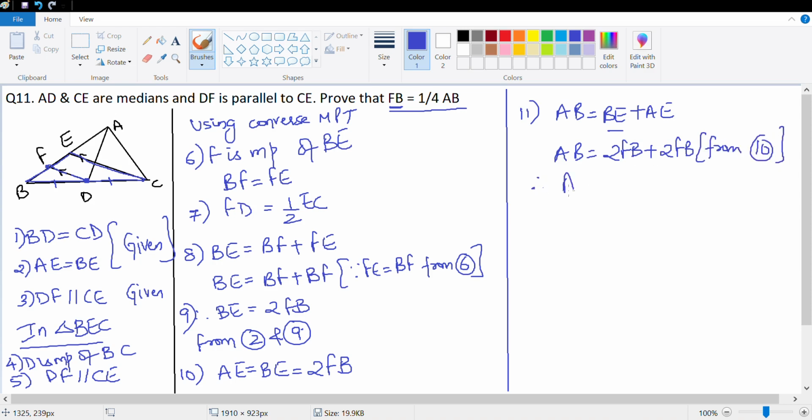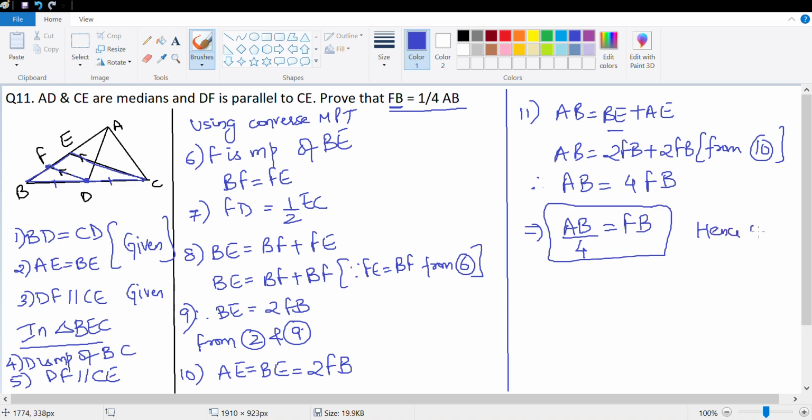Therefore, AB is equal to 4FB, which means AB upon 4 is equal to FB. That's what they wanted me to prove, so we've done this. Let's revise this question. We started with this triangle BEC. Why did I look at this triangle? Because I found one midpoint and one parallel line.